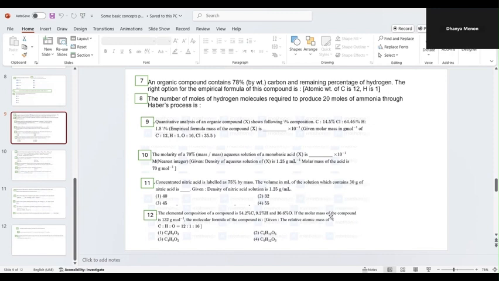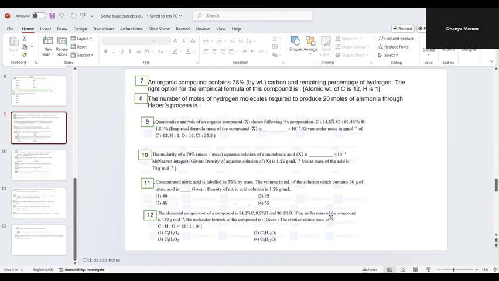In this, they have given the percentage of carbon is 54.2, hydrogen is 9.2, oxygen is 36.6. Whenever they give percentages, it is best to add up the percentages, so whether it comes to 100 or not.